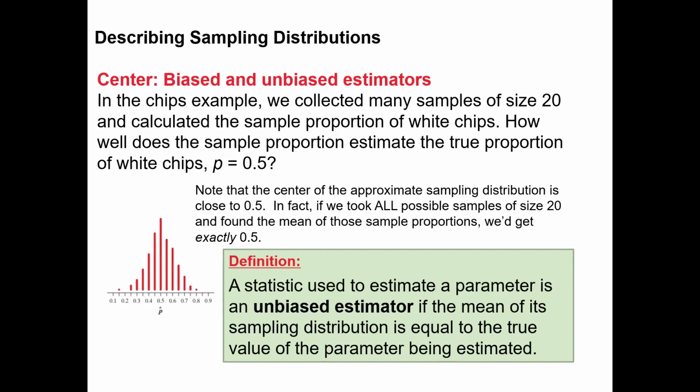If we use an unbiased sample, the mean of its sampling distribution is equal to the true value of the parameter being estimated. I've talked a lot about polls recently. This is an election year, so I think that's a particularly powerful example here. What would an unbiased estimator look like in a poll?